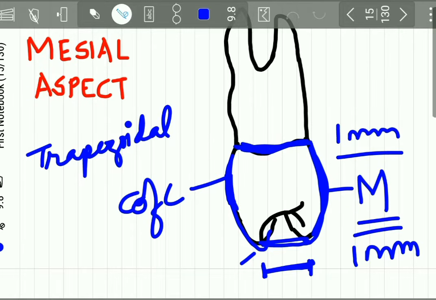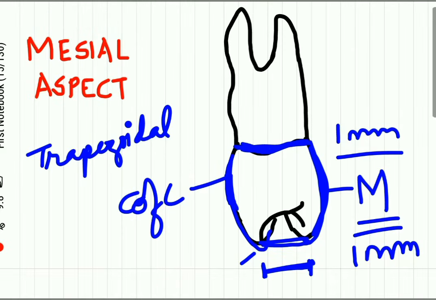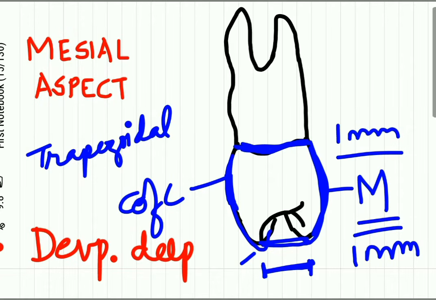Now, in the mesial aspect, there are two more important distinguishing features of the maxillary first premolar. First is the presence of a developmental depression, called the mesial developmental depression, which is a characteristic feature of the maxillary first premolar.